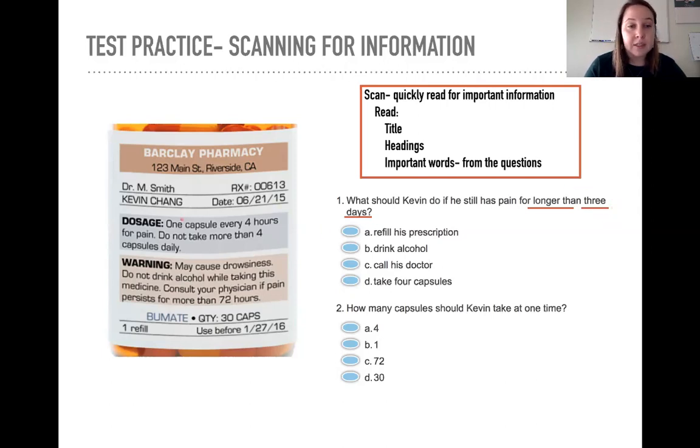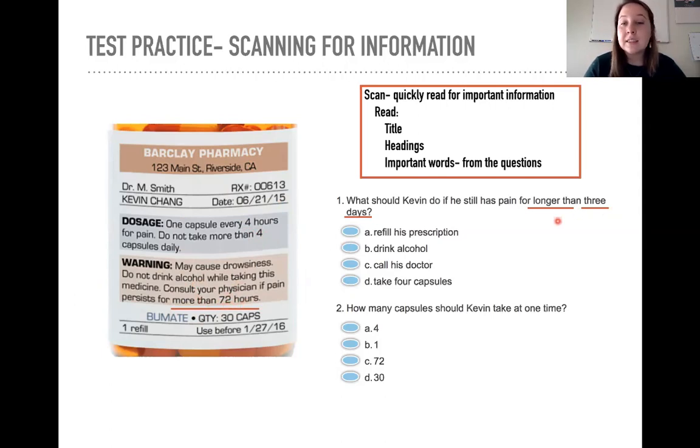So for scanning, here we see where it says more than 72 hours. We looked at some numbers as we went down. We have the date, 4 hours, 4 capsules, 72 hours.